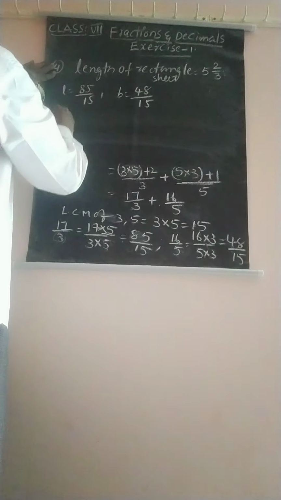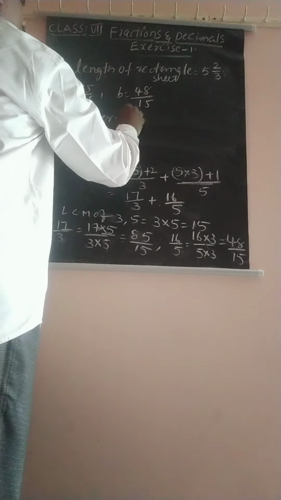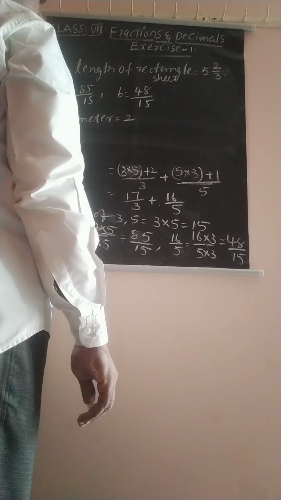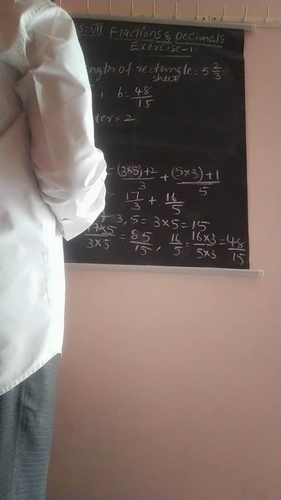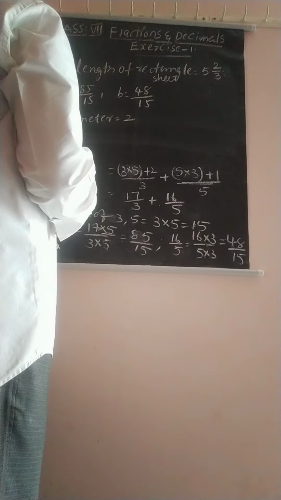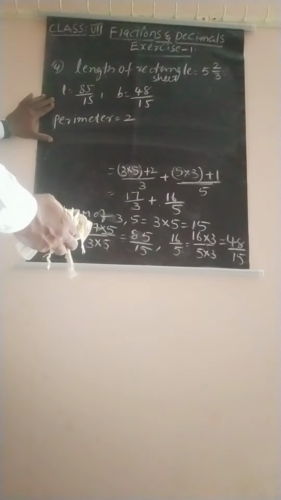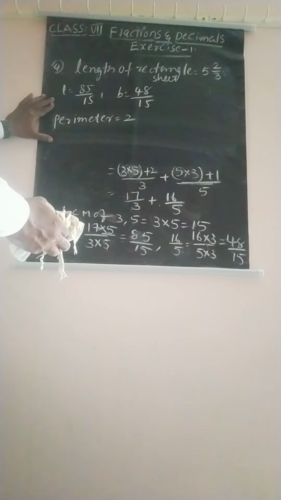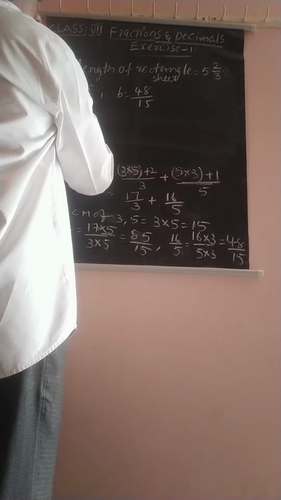Now perimeter is equal to 2 into (L plus B).